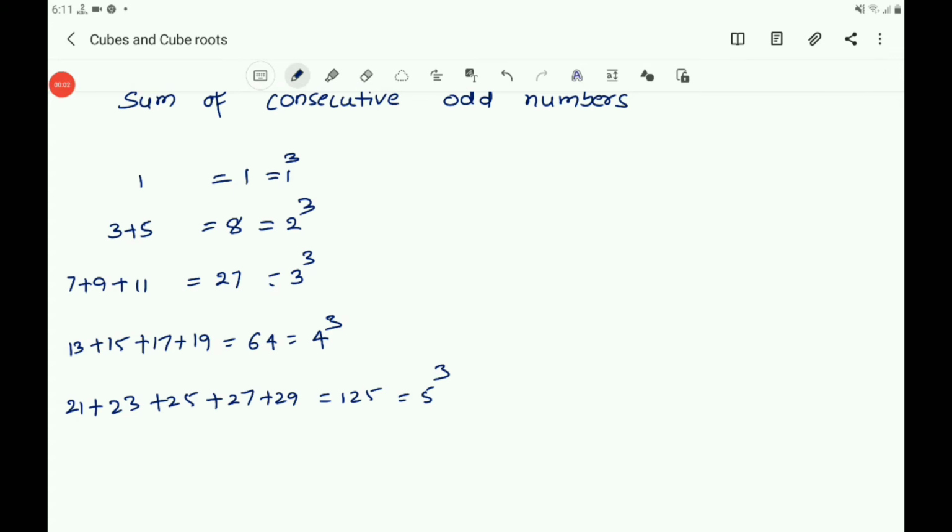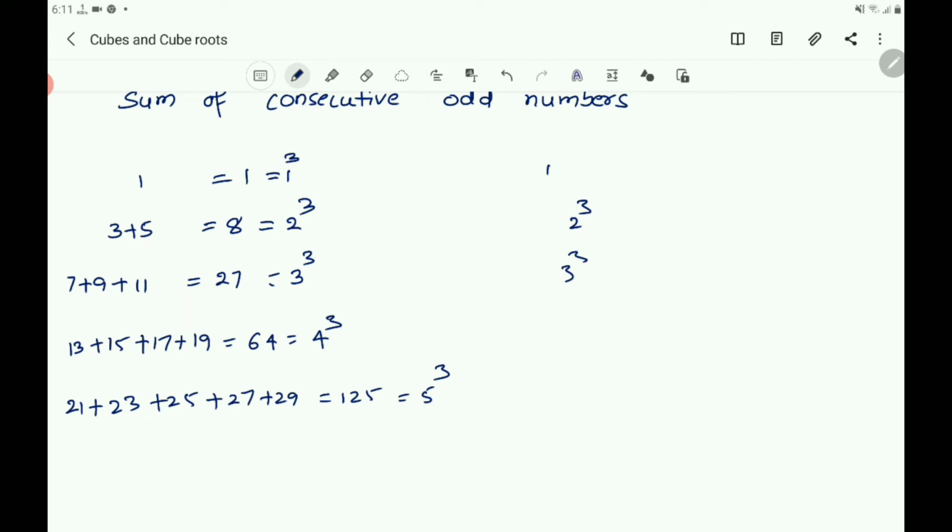Observe here, the first odd number, that is 1. Next the second odd number and third odd number: two odd numbers, and we get 2 cube. Next the fourth odd number and 3 odd numbers here, and you will get 3 cube.